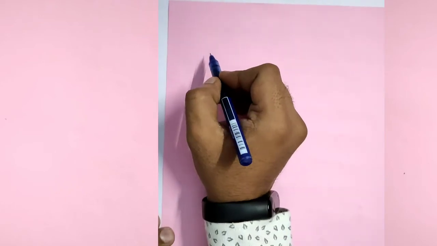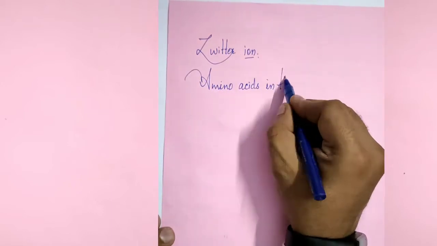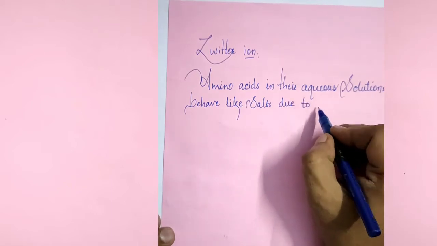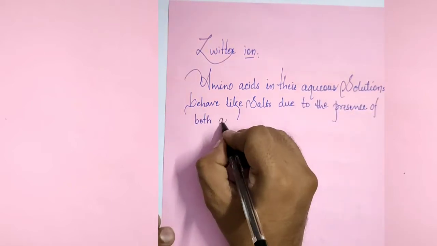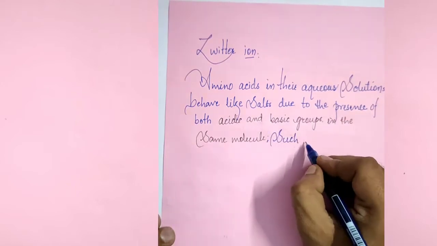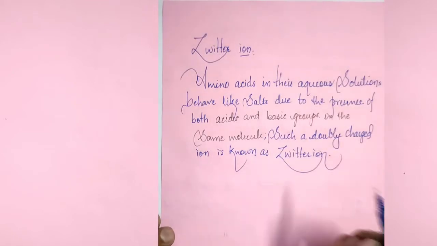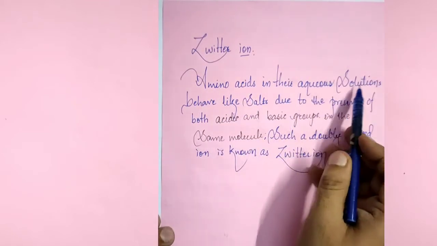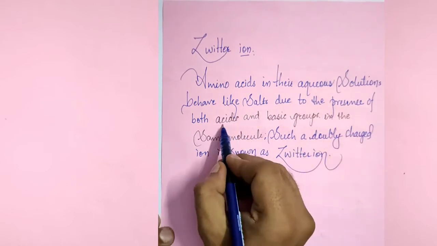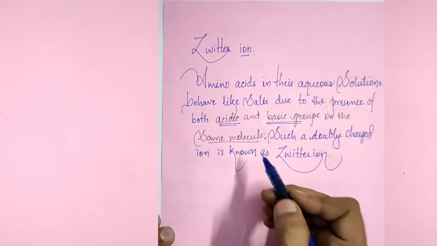Now we can see the definition of Zwitter ion. Amino acids in their aqueous solution behave like a salt due to the presence of acidic and basic groups in the same molecule.